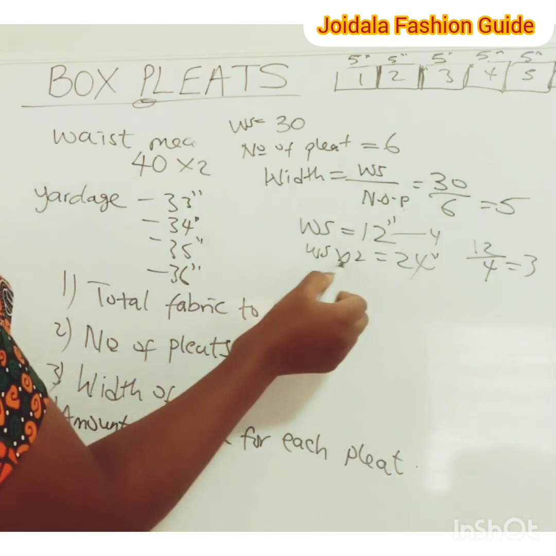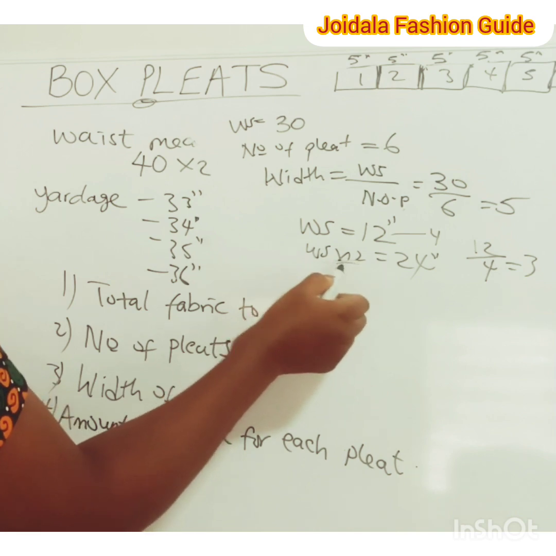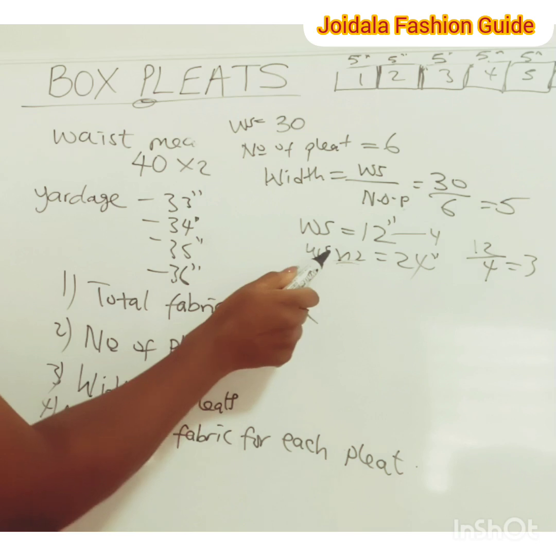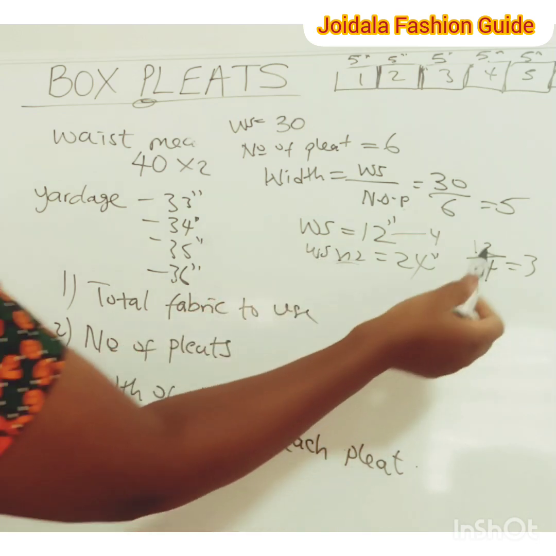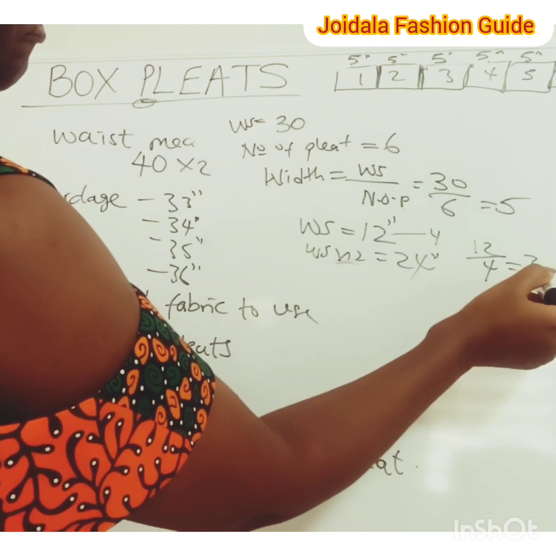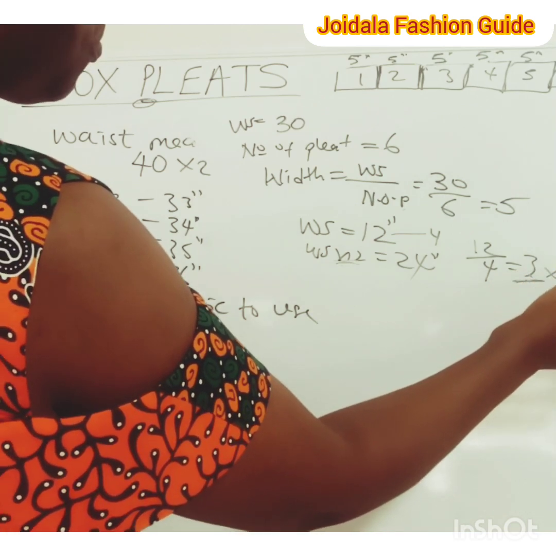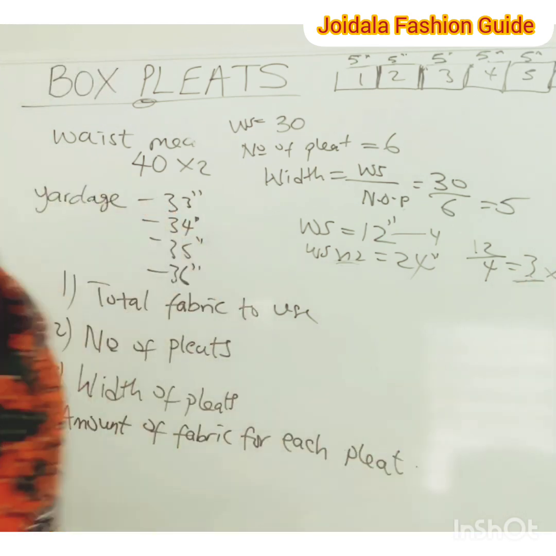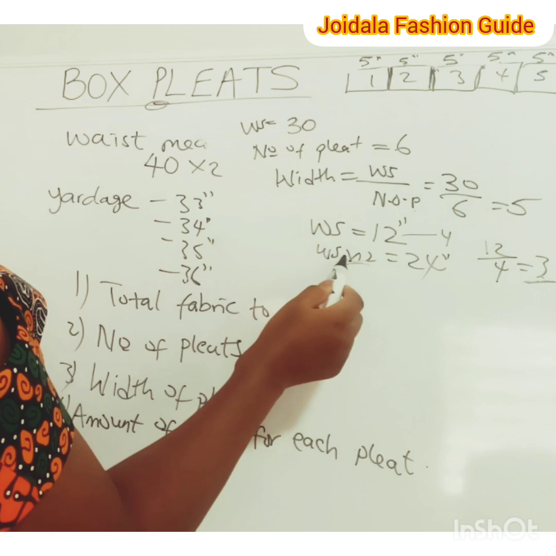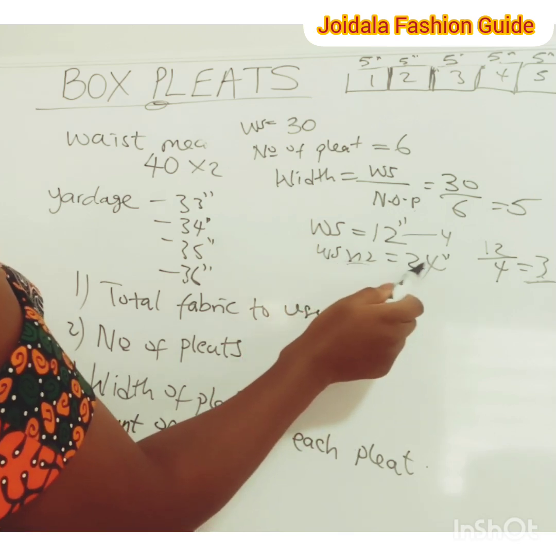One, you multiply the width that you already have by what you used in multiplying the waist, which is 2. So to have a width of 3 inches, we need a fabric of 3 times 2, which is 6 inches.